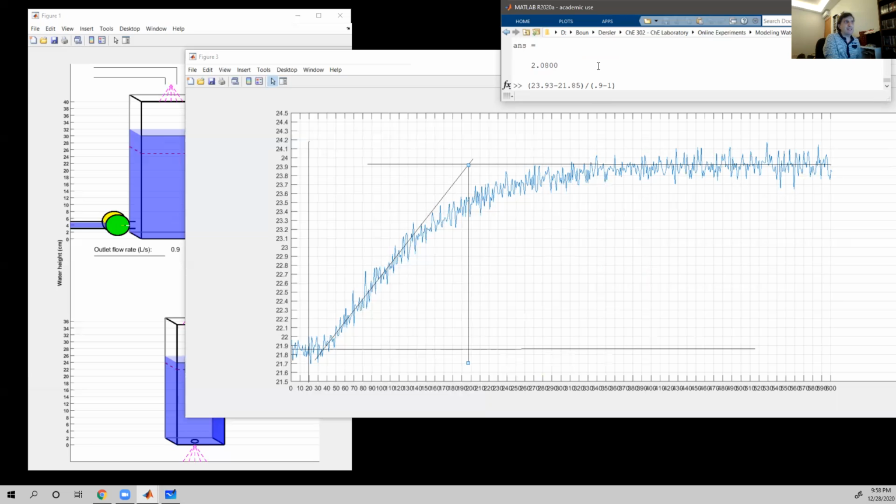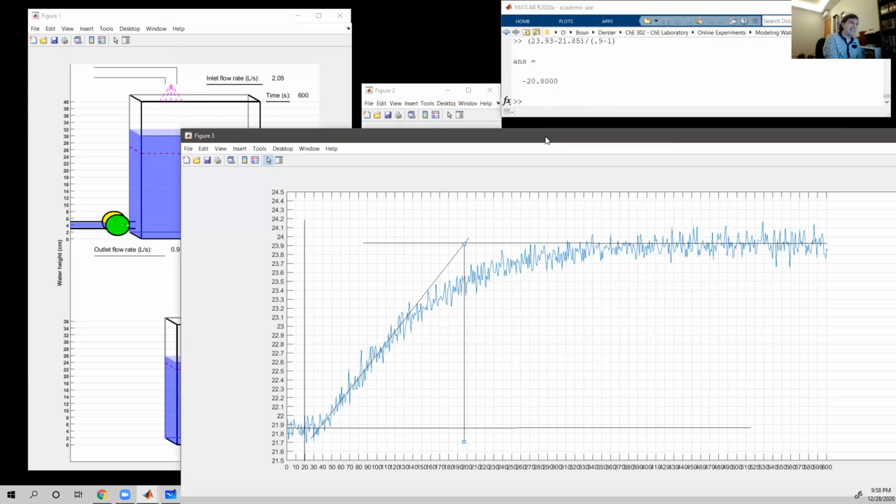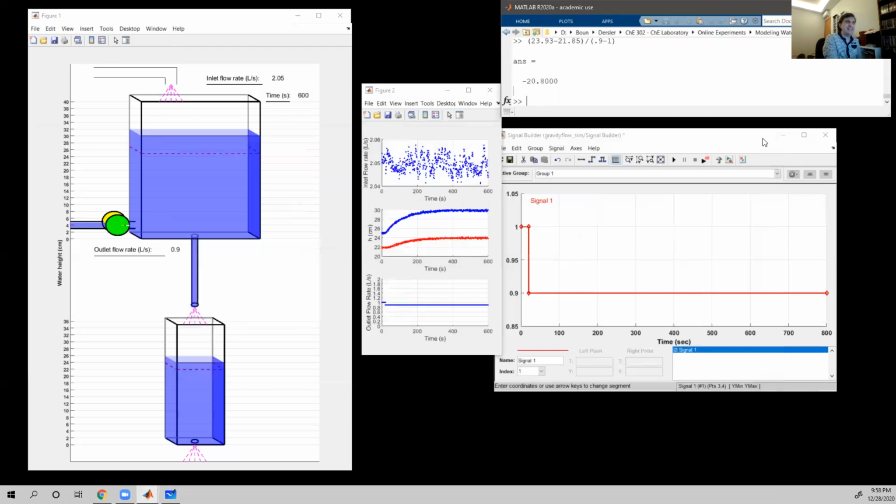But is this process linear? Actually, there's reason to doubt that, but let's check and see what other possible process reaction curves we may obtain under different conditions.